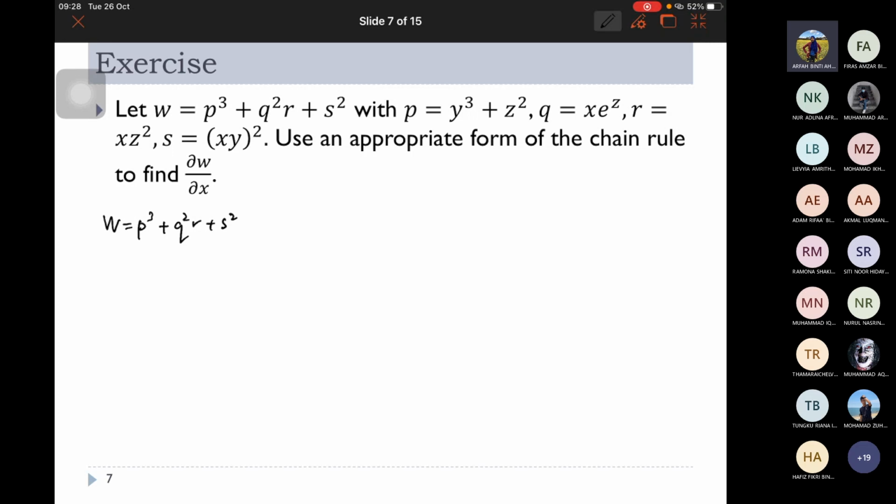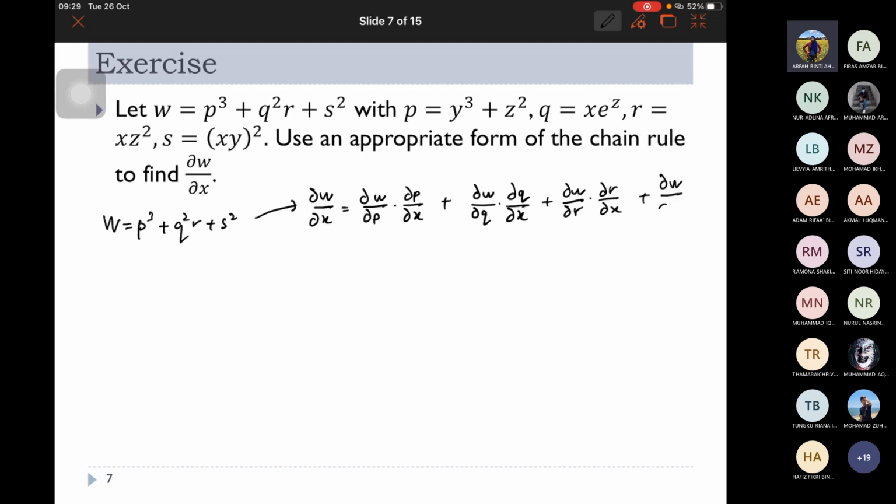So it wants us to get everything in terms of X. So that means if we write the equation, you are going to have delta W over delta X equal to delta W with respect to delta P multiplied with P with respect to X, plus delta W with respect to Q, differentiate Q with respect to X, plus delta W with respect to R and differentiate R with respect to X, plus delta W over delta S multiplied with delta S over delta X.